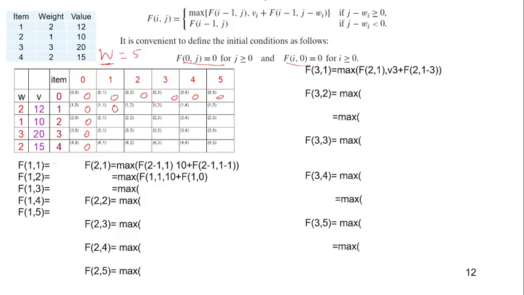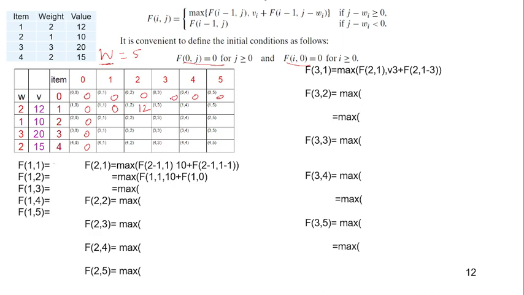And next, here 2. The weight to be considered is 2. Here the weight of the first item is 2, so you can put this item into the knapsack. So here you can write 12.